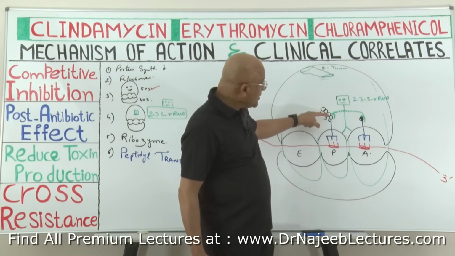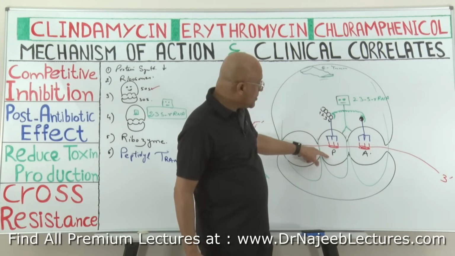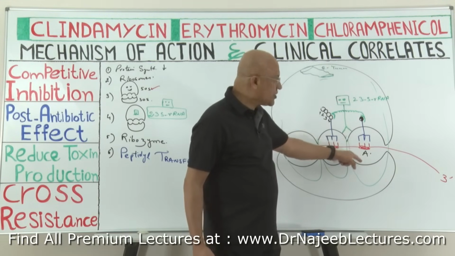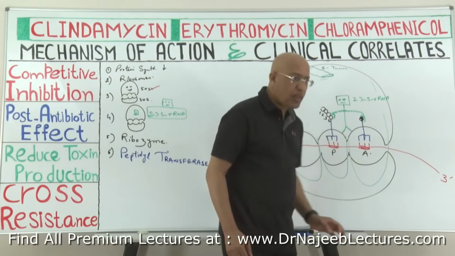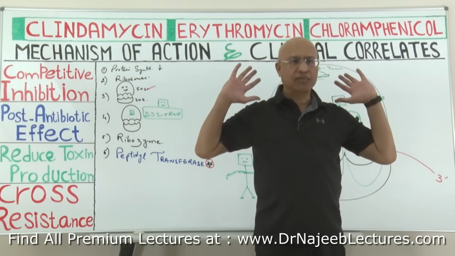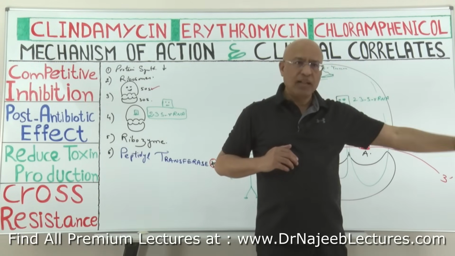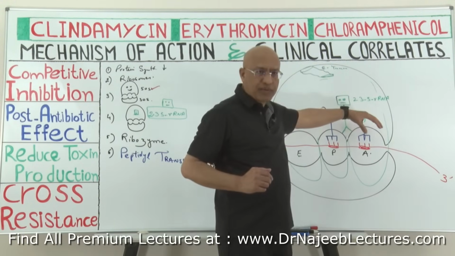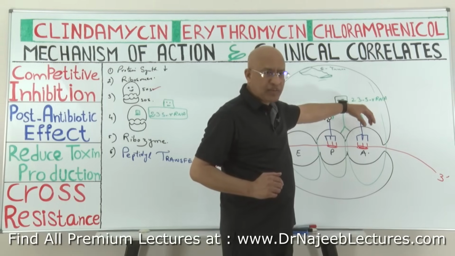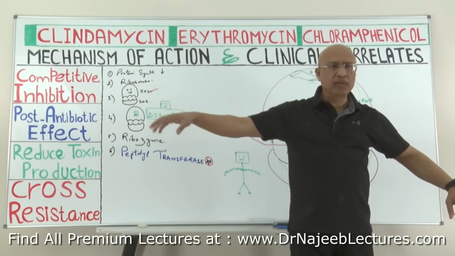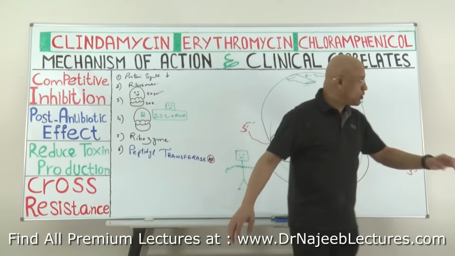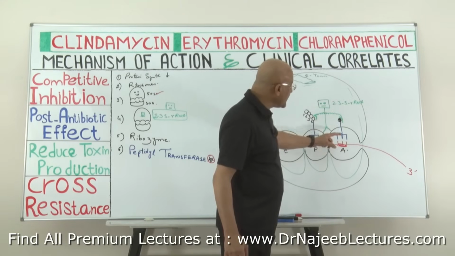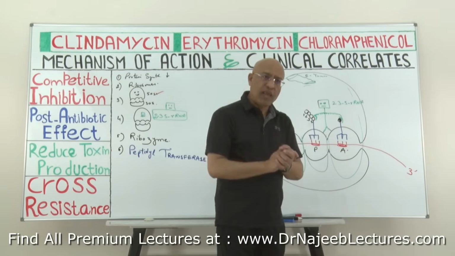In which area is this domain working? Yes, in the P site, and this is working on the A site, right? So if I am the peptidyl transferase, this unit is working on aminoacyl transfer RNA and this unit is working on peptidyl transfer RNA. This unit is mainly working on the A site and this is mainly working on the P site.